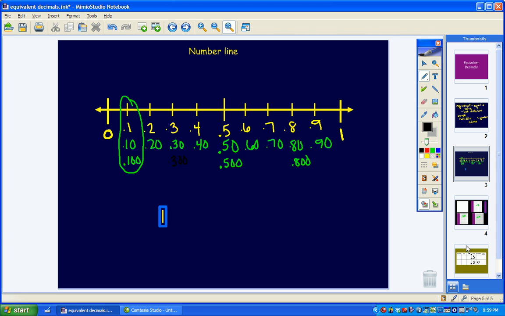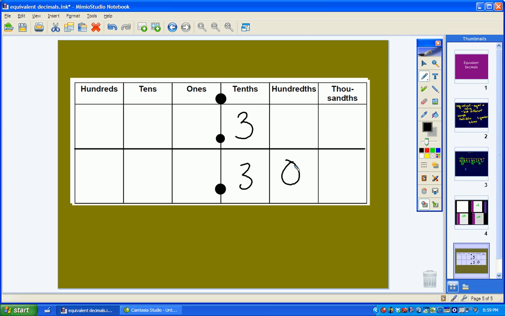So all you are technically doing is sticking a 0 in the place next to it to increase the pieces, which would actually decrease the size, but you're not changing its value. 3/10 is not more than 30 hundredths, because if I put an imaginary 0 in here, do you see how they really are equal?